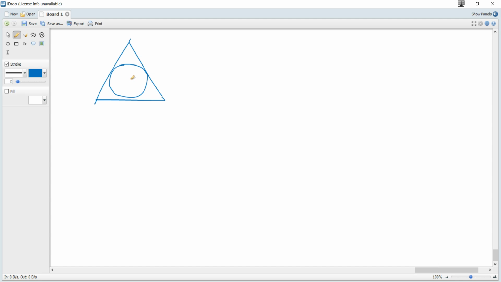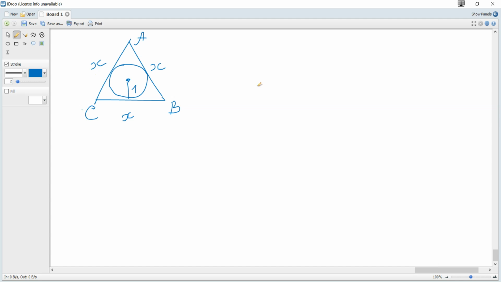The circle is inscribed, or the triangle is circumscribed. So it is given A, B, C. Its radius is 1 and its side is equal to x.